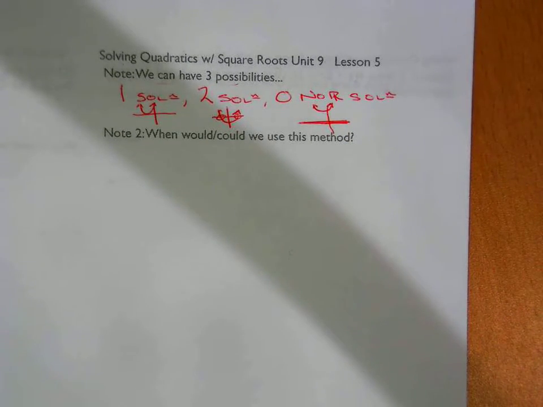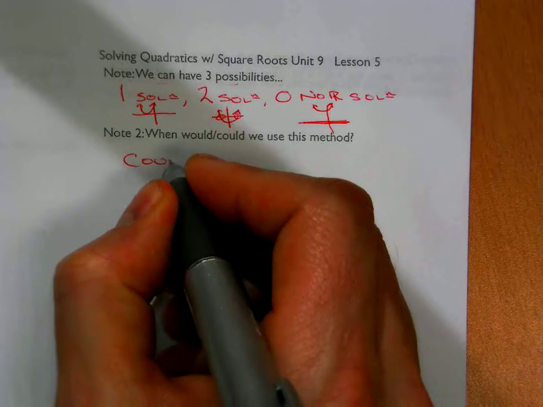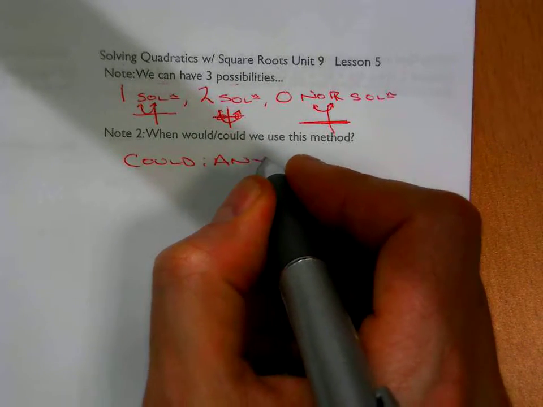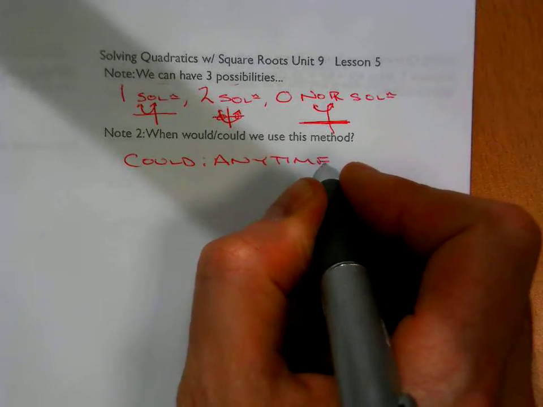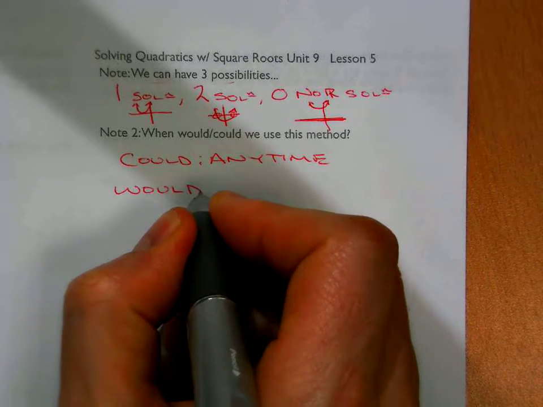Now the method that we're about to show you, when could we use this method? Well, we could really use it anytime. It would work for anything, but when would I choose to use this method?